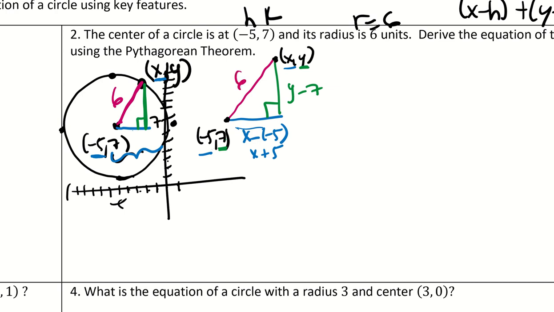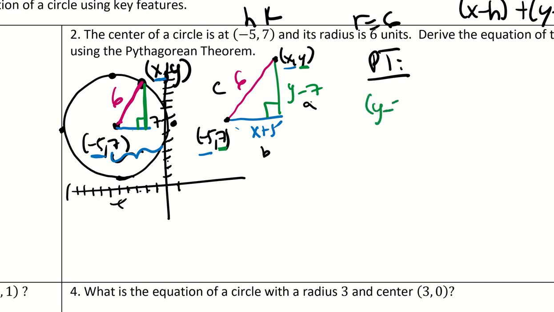So I'm going to delete this now because it's too distracting. x plus 5. If I use the Pythagorean theorem here, it's going to be a squared plus b squared equals c squared. So this is a, b, and c.